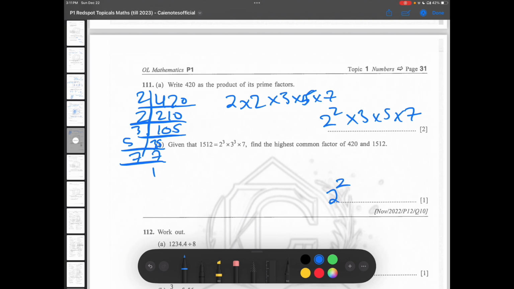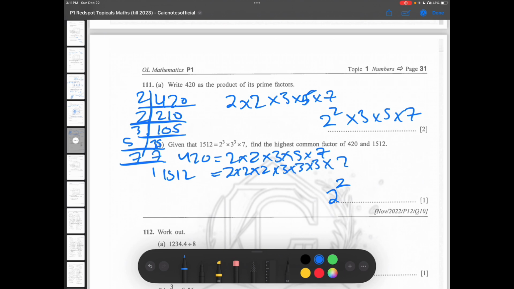If I show you the working, it will be like this. This is basically 2 multiplied by 2 multiplied by 3 multiplied by 5 multiplied by 7. And in place of 1512, they have given 2 cube. This is 2 multiplied by 2 multiplied by 2. Then 3 cube. Then 7.